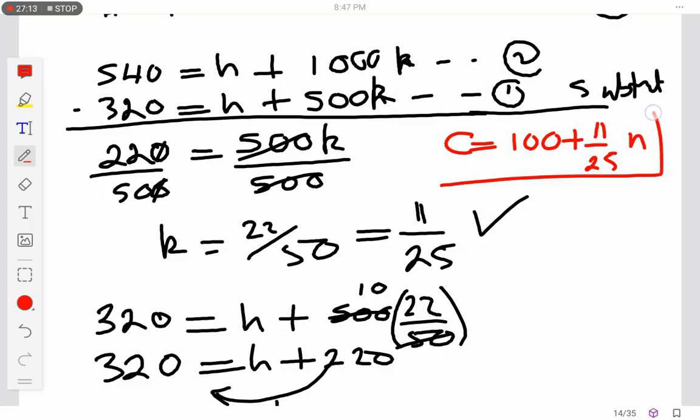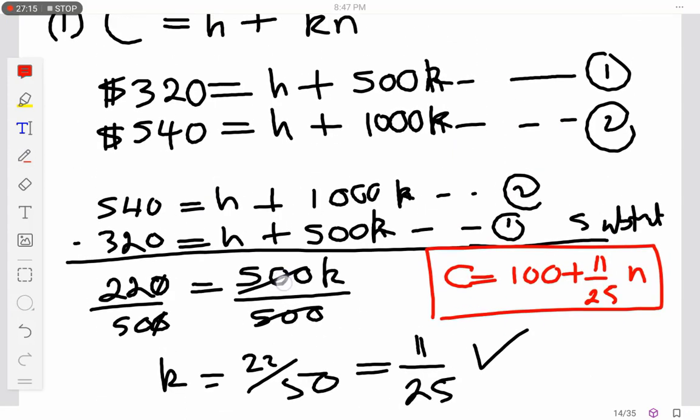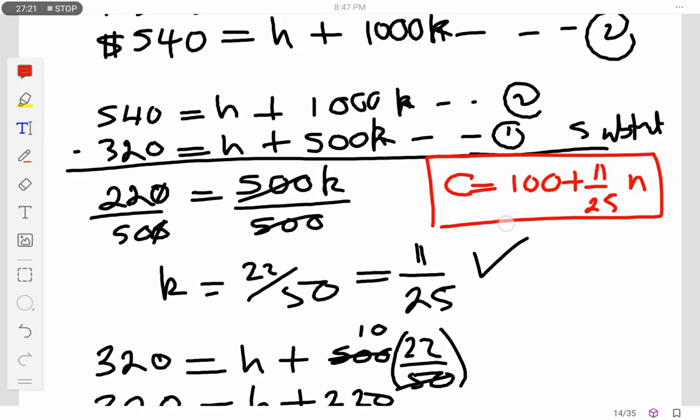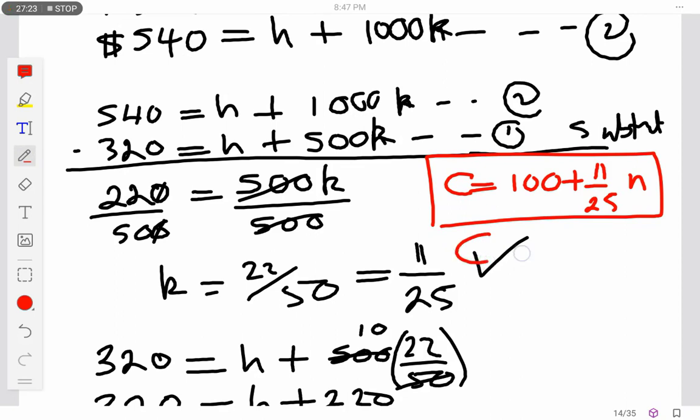So this can help us to answer the last part of the question, which was saying find the cost of 750 newspapers. So we can say our cost C is going to be equal to 100 plus 11 over 25 by the 750 newspapers that we have. So I can have my 750 there.